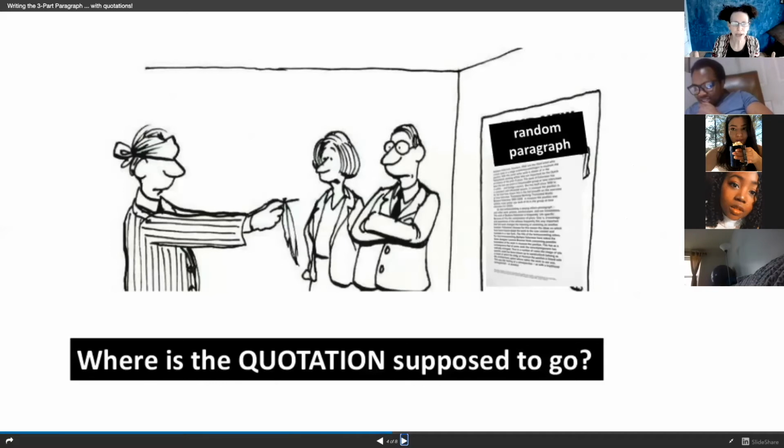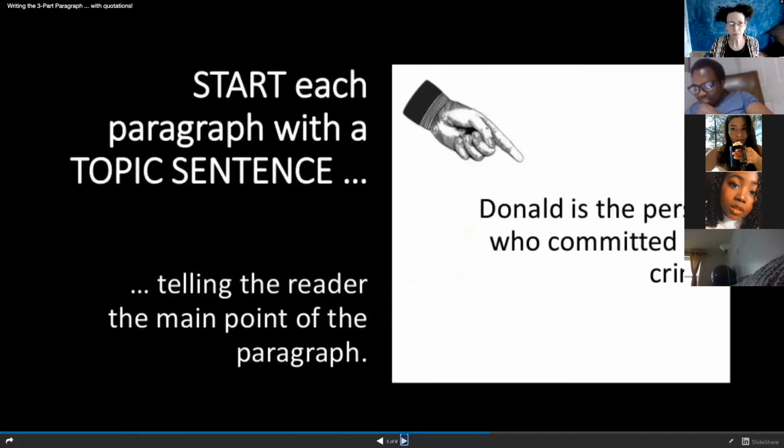Where is the quotation supposed to go? You can't just randomly throw it around. You're going to start each paragraph with a topic sentence that is making your claim, where you're saying, this is what I think. So for you guys, it would be, I think that Lola really was a slave, or I don't think Lola really qualifies as a slave.